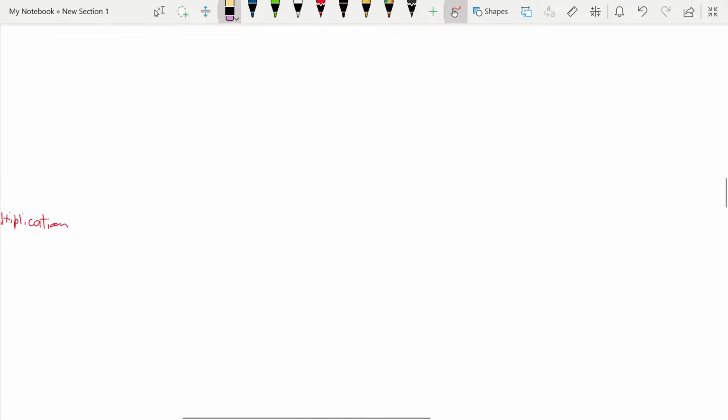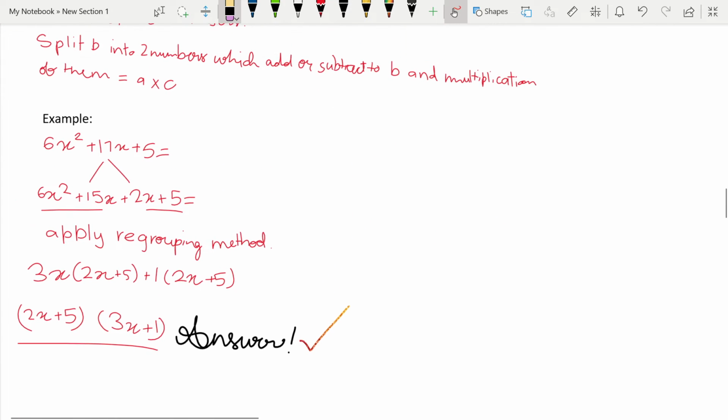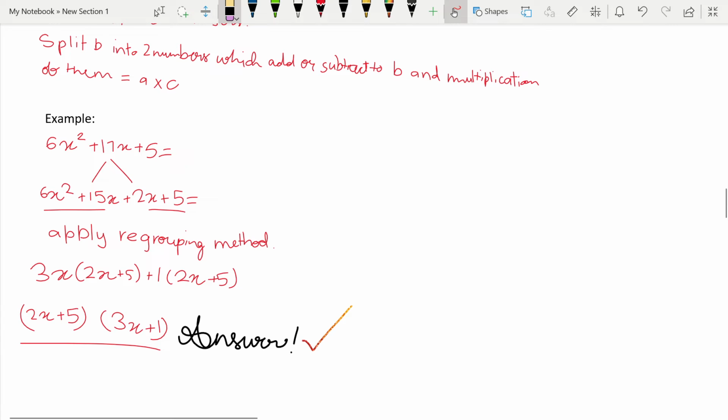Okay, let's move on. Now we've got another example, 6x squared plus 17x plus 5. How will we do that? Now split 17 into two numbers that multiply up to 30 because 6 times 5 is 30. So we've got 6x squared plus 15x plus 2x plus 5.